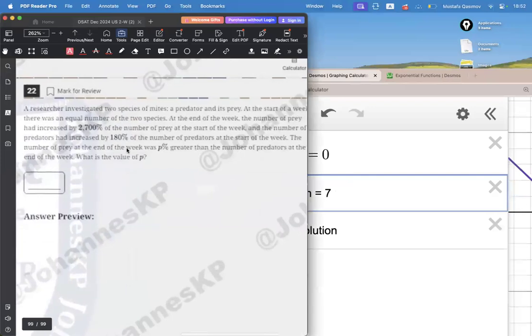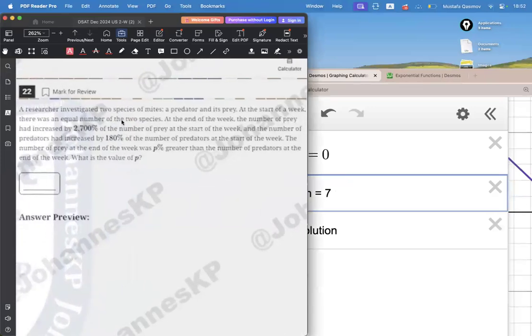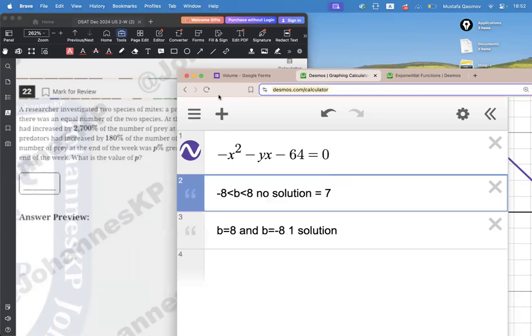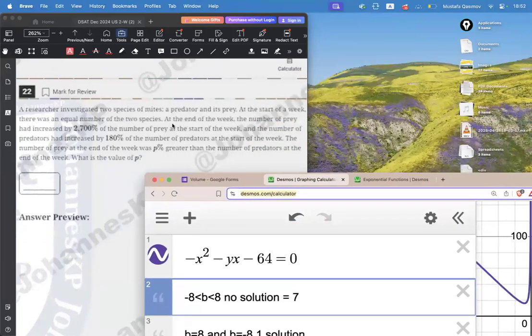And last one. Okay, a researcher investigated two species of mites, predator and prey. At the start of the week, there was an equal number of the two species. Okay, at the end of the week, the number of prey had increased.